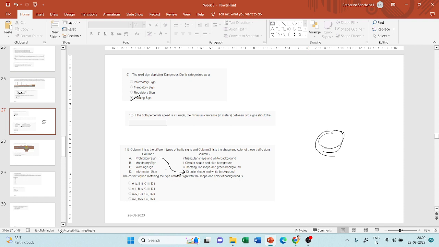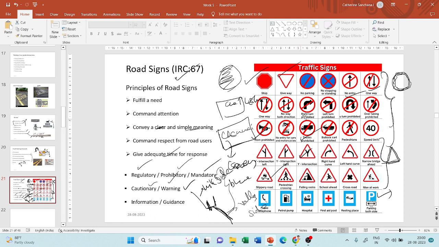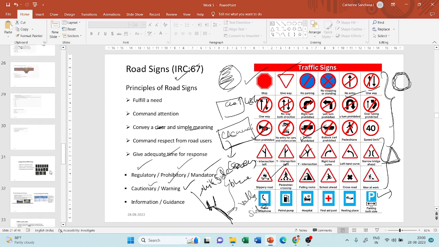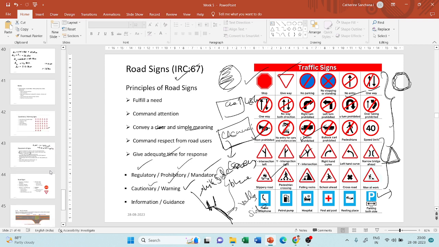Mandatory sign will also be circular, but with a blue background. I did not insist on this that much, but if you see here, no parking or no standing, stopping or standing, it means it is mandatory for you to follow that, but it is represented by a different color.